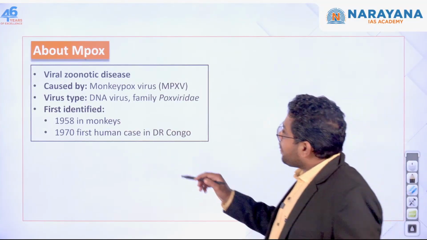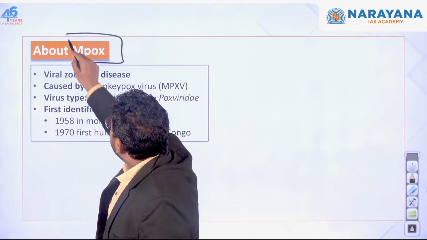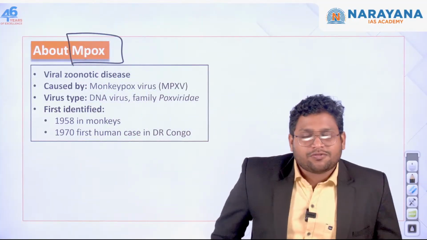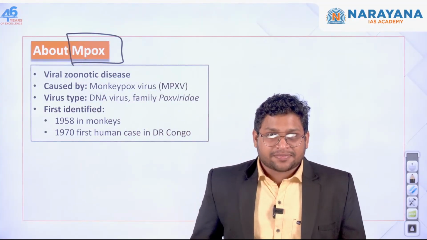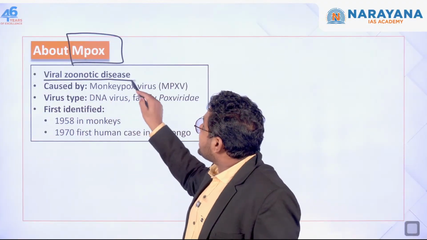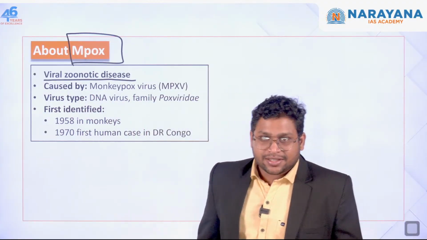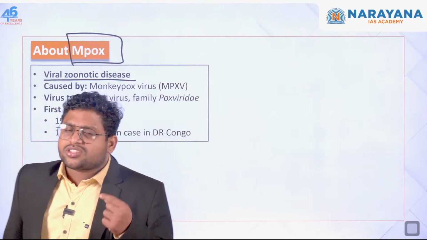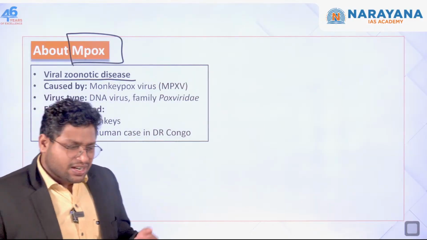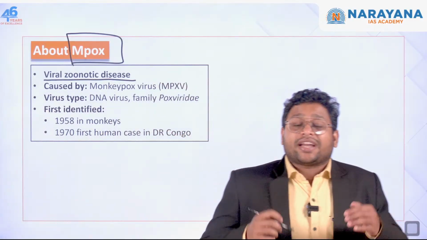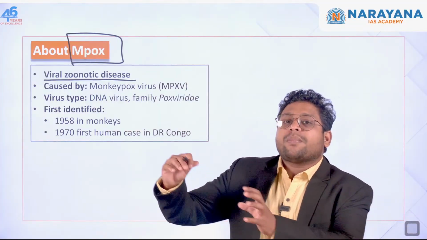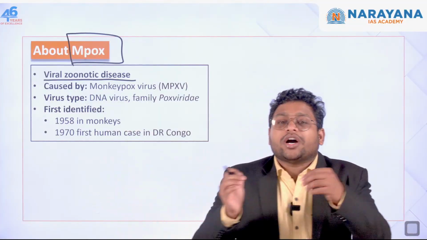now see, let's try to understand monkeypox disease. First of all, it is caused by a virus. It is called a viral zoonotic disease. Whenever we use the term zoonotic disease, that means a disease is getting transmitted from an animal to a human being.